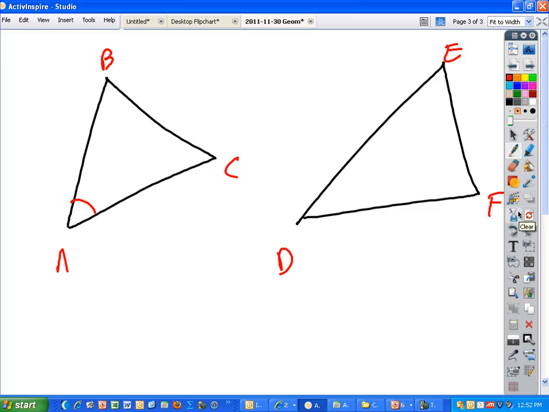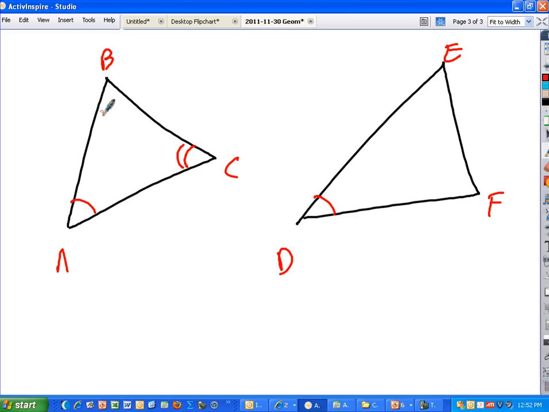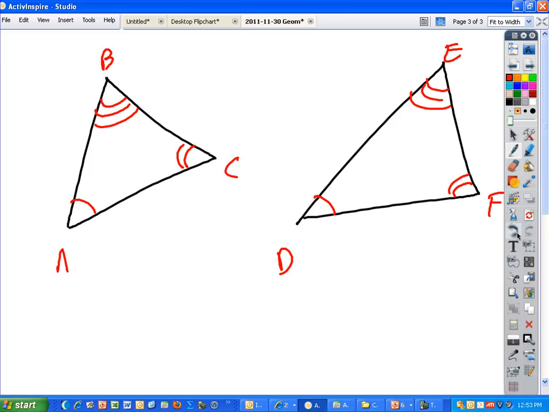Okay, how about these two? So are they? No, because there is no AAA, right? That's one of the ones that doesn't work.